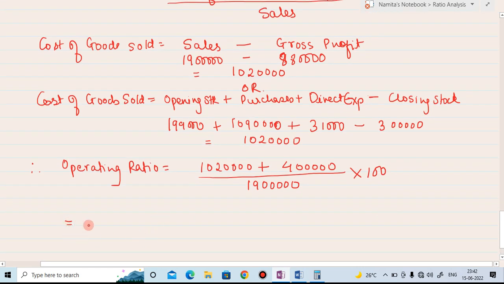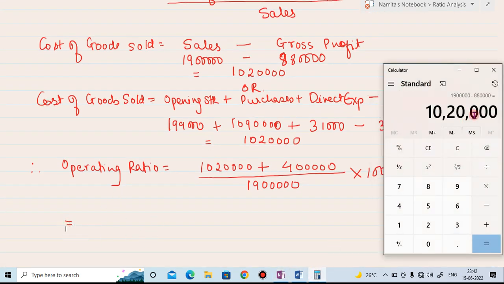So 10 lakh 20,000 plus 4 lakh, divided by 19 lakhs, multiplied by 100.